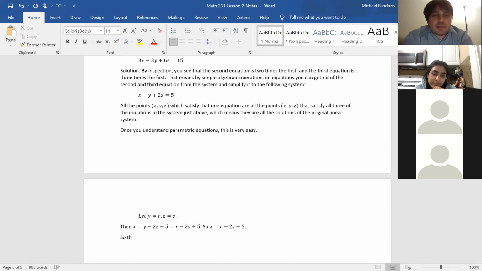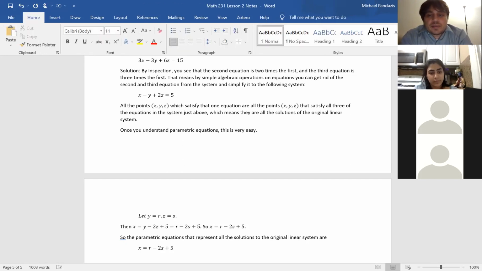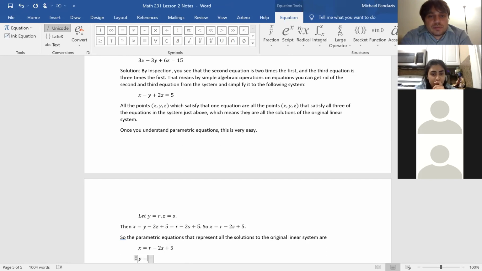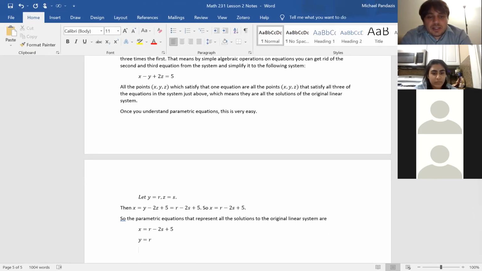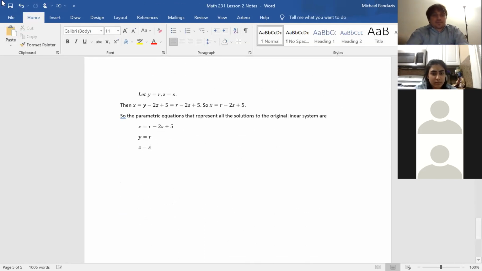Okay, and so the parametric equations that represent all the solutions to the original linear system are x is equal to r minus 2s plus 5, y is equal to r, and z is equal to s. Those are the parametric equations representing all solutions to the original linear system.